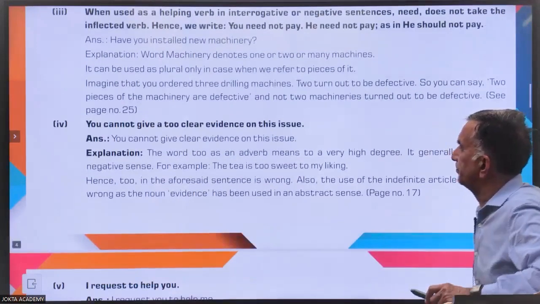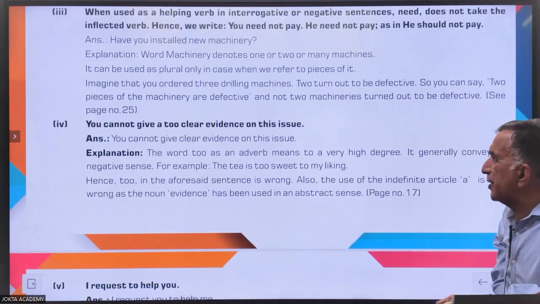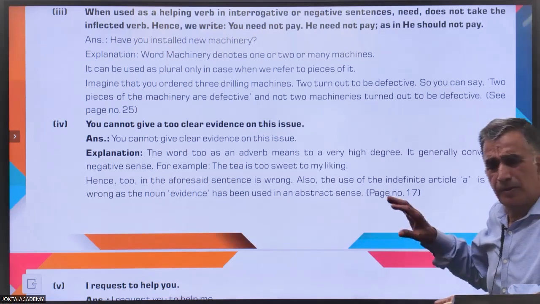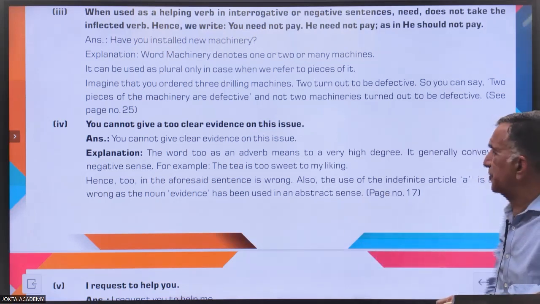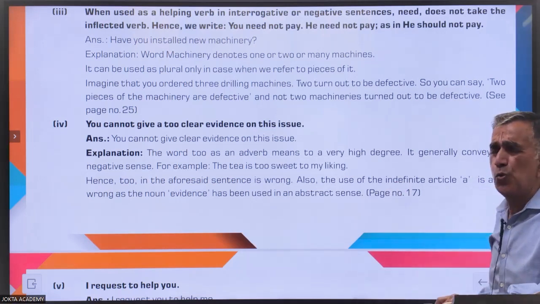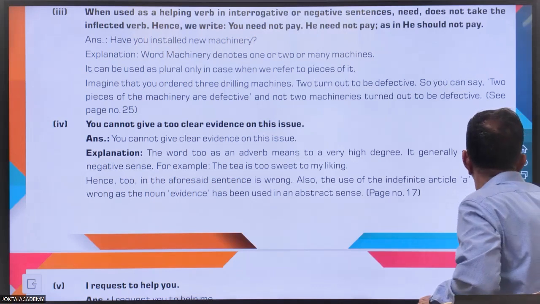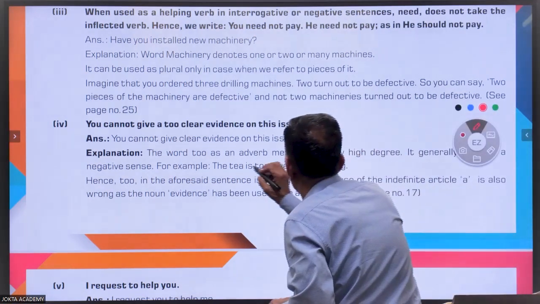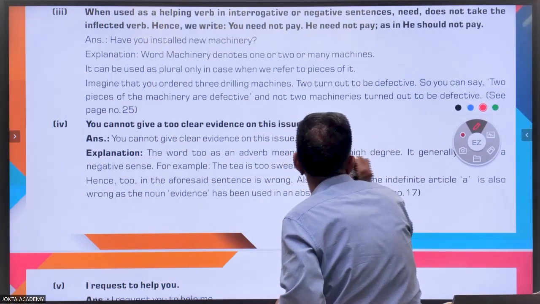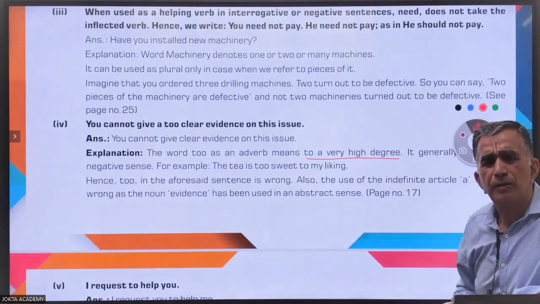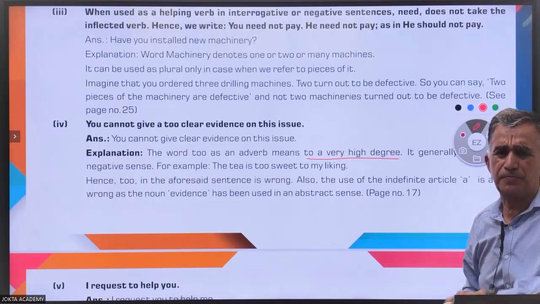Number 4, you cannot give a too clear evidence on this issue. We have to find the incorrect words in this sentence. Too as an adverb means of a very high degree. It is generally used in negative sense.